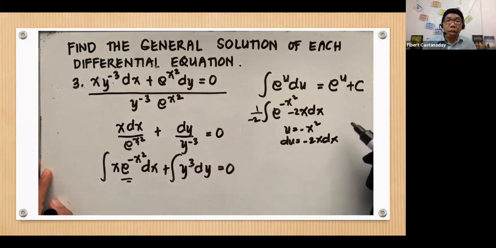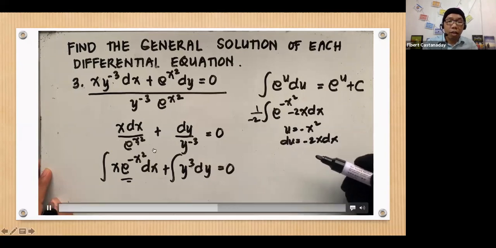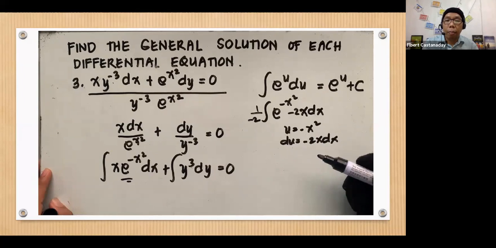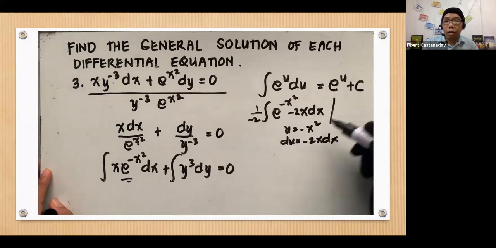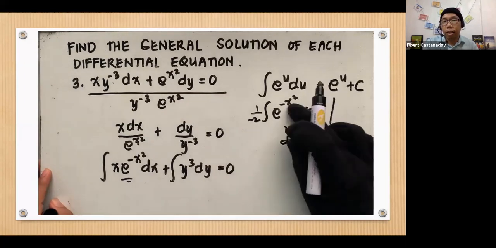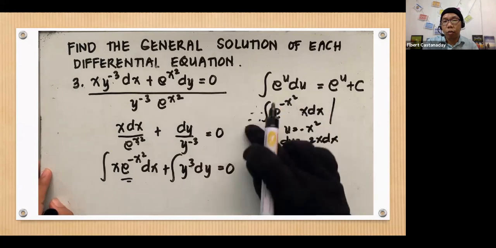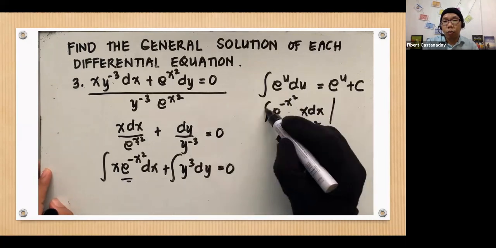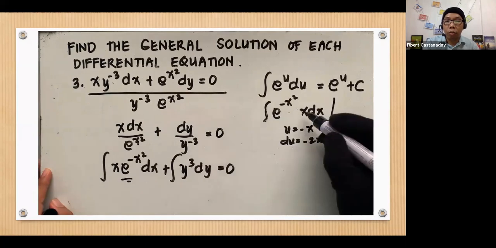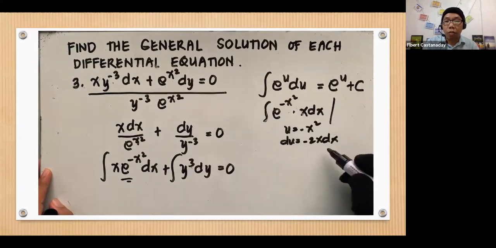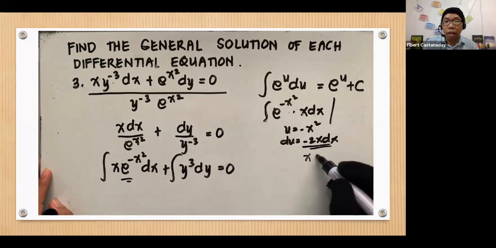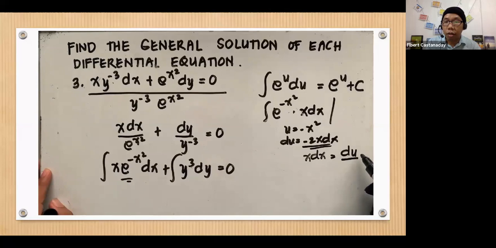Or you simply utilize substitution. Let's remove the minus 2 first. What we will do is solve for x dx, so divide both sides by minus 2. So we have x dx equal to du over minus 2.